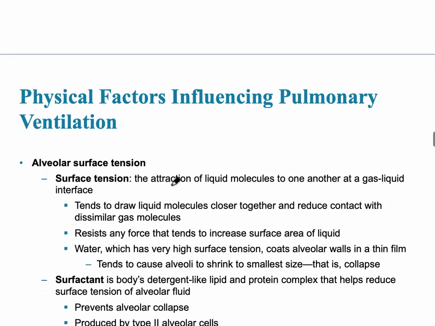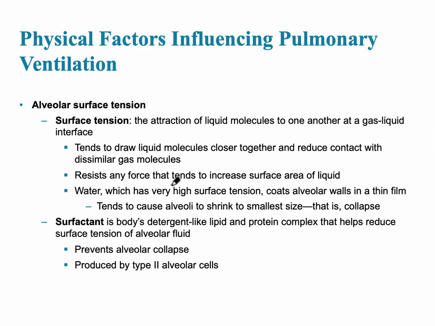The next physical factor affecting pulmonary ventilation is the alveolar surface tension. This surface tension is the attraction of liquid molecules to one another in a gas-liquid interface. So there needs to be something to reduce this surface tension. Water has a very high surface tension.